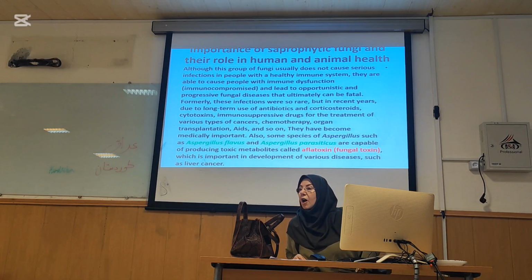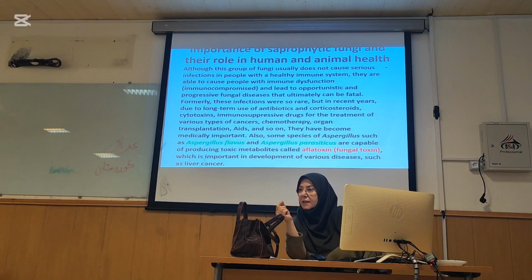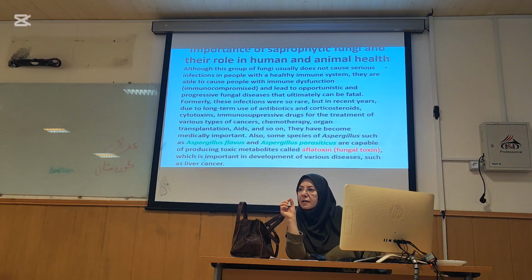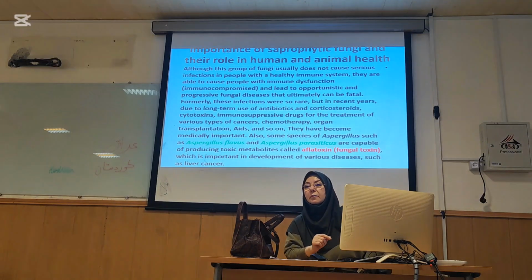Aflatoxin is a special kind of toxin produced by some Aspergillus species, like Aspergillus flavus or Aspergillus parasiticus. Usually it is found when consuming some pistachios and nuts, because these nuts can produce some toxins.